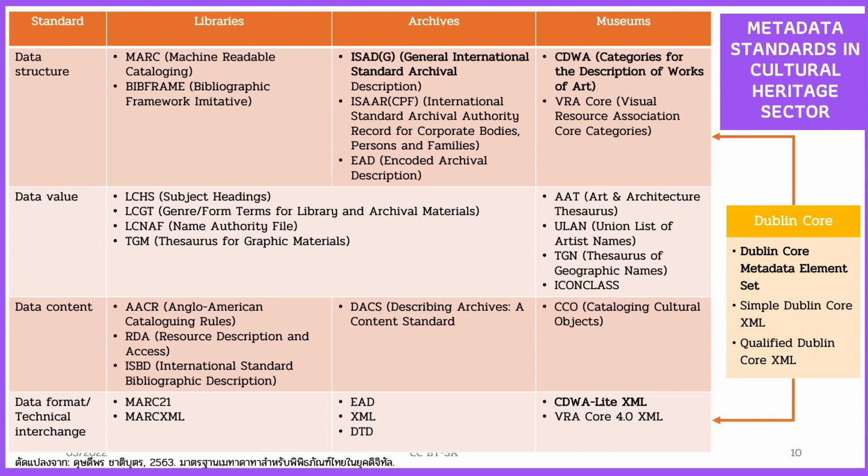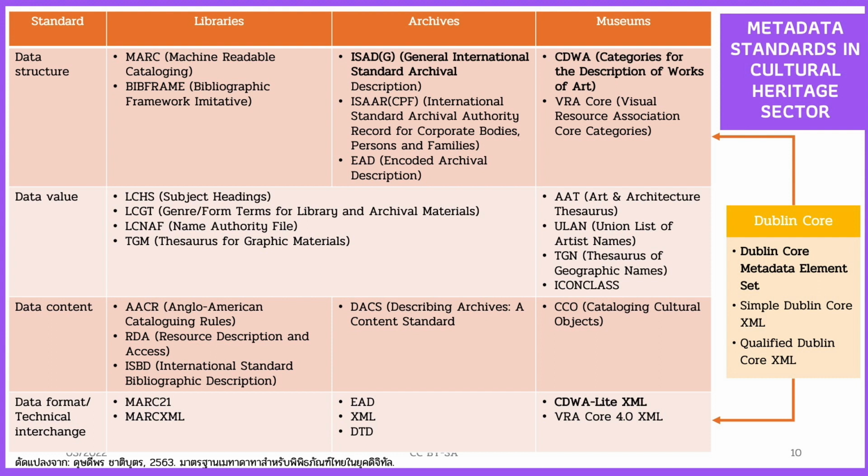As you can see, in the field of library, archive, and museum, there is standard metadata for data structure, data content, data format, and data exchange. For example, if you want to create a database which aims to describe material culture, you must use CDWA for standard data structure.